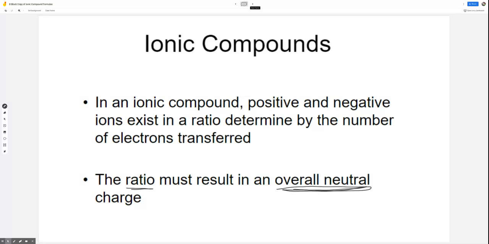There's multiple ratios that could work, but we always use the simplest ratio when we write the formulas. So there's one simplest ratio for every compound. And I'm going to show you what I mean by that in a minute.